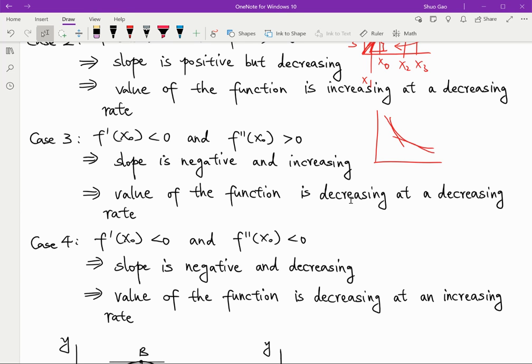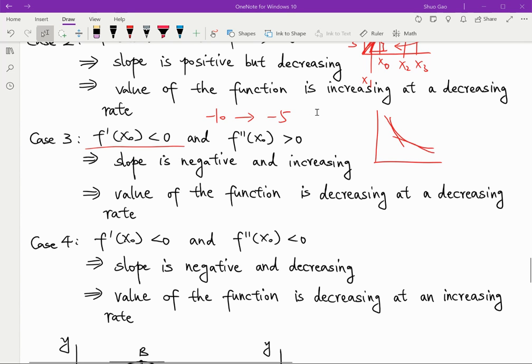Here, we need to pay attention because this is a negative number, right? All the first derivatives here are negative. So increasing means it will increase from, for example, negative 10 to negative 5, right?